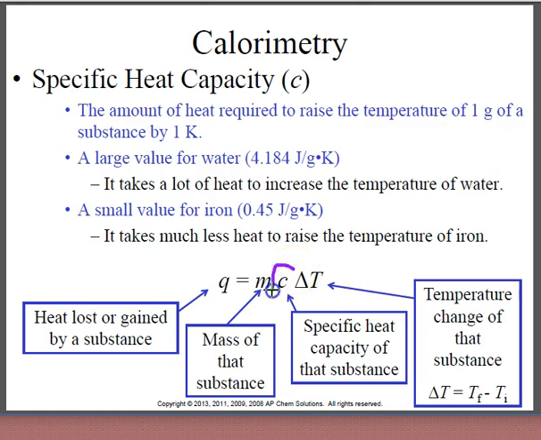Whatever substance we put the C value for here, that is the mass that we have to use, the mass of that substance. And the temperature change has to be for that substance, and we'll be finding the heat for that substance. So in calorimetry experiments, just keep in mind that C goes with a substance and the rest of our values should be related to that substance as well.